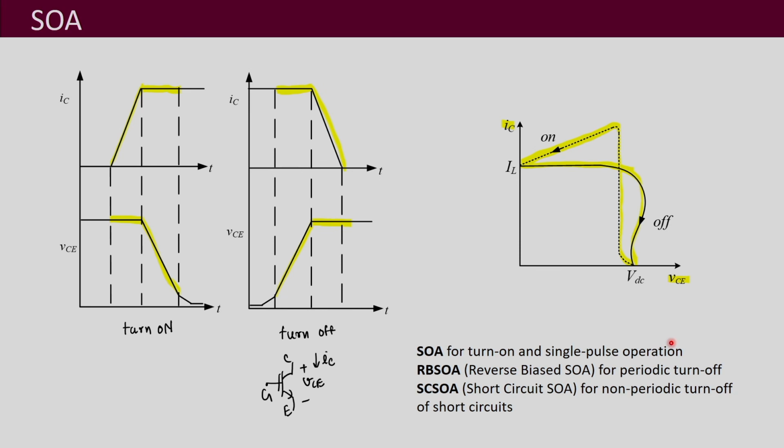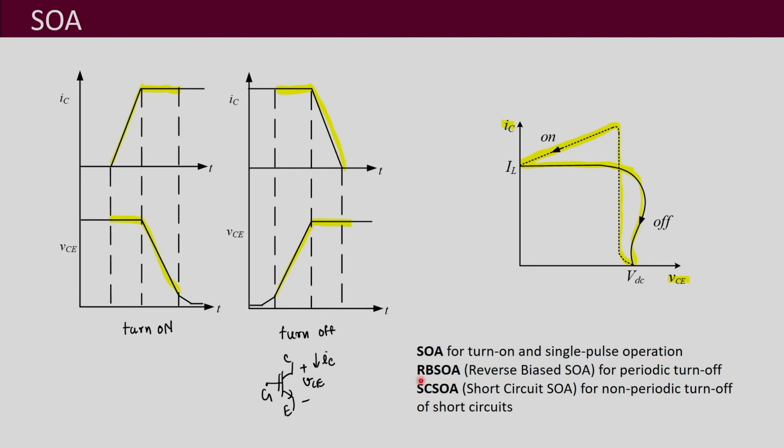That means while the IGBT is conducting, it gives the voltage and current limits within which the IGBT should operate, during turn on or during the pulse you have applied. So, that is the simple SOA.